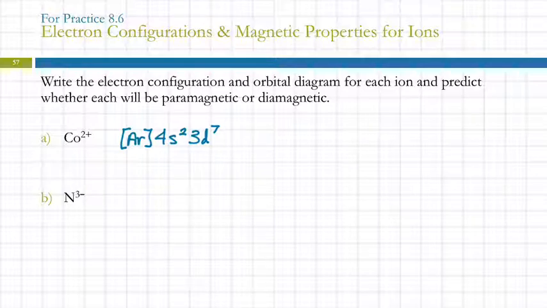Cobalt is a transition element. We're going to remove the valence electrons first. So that's those 2. So the electron configuration is Ar 3d7. You could put 4s0. That's sort of a style issue. Okay, let's draw the orbital diagram.